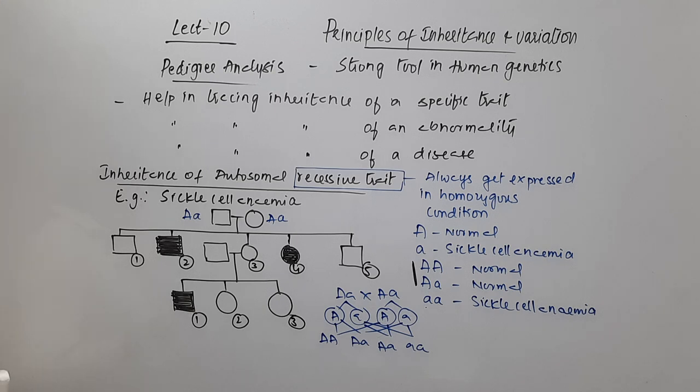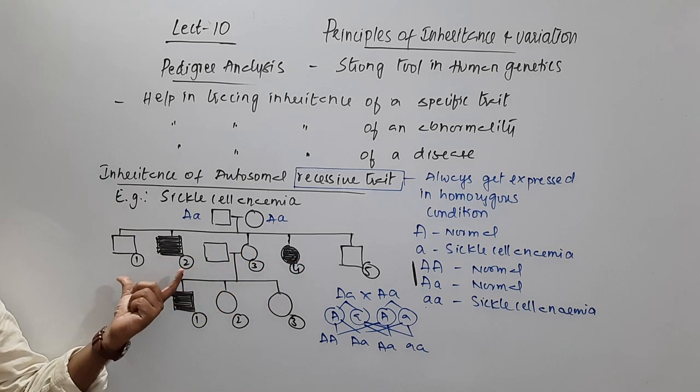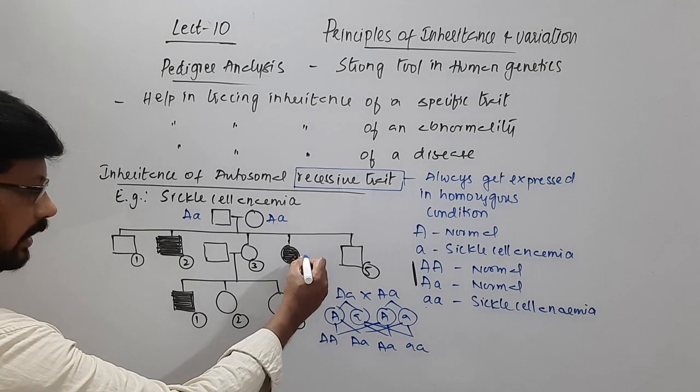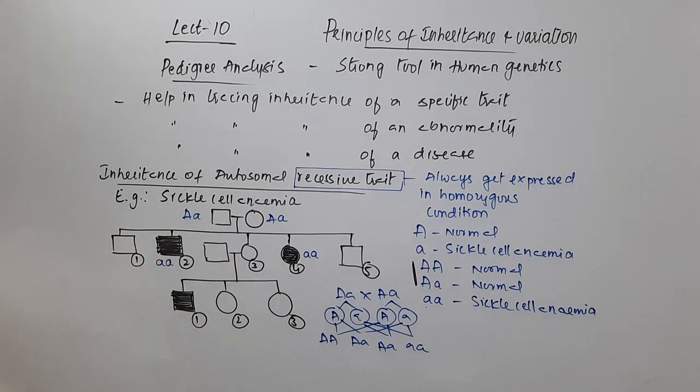So in the case of autosomal recessive traits, we see that the affected siblings are homozygous for the defective allele, meaning they inherited small a and small a.